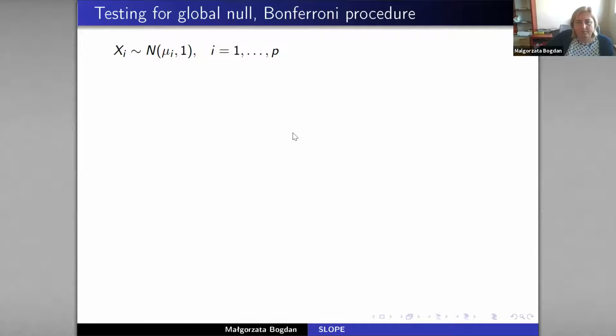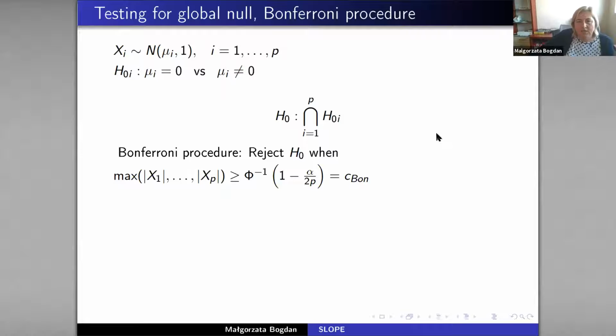And now for a very short while, I'm going to talk about the global null hypothesis. So at first, let's consider the situation that we simply want to find out if our data contains some information. So we test the hypothesis that all mu's are equal to 0. And one of the procedures to do this is the Bonferroni procedure.